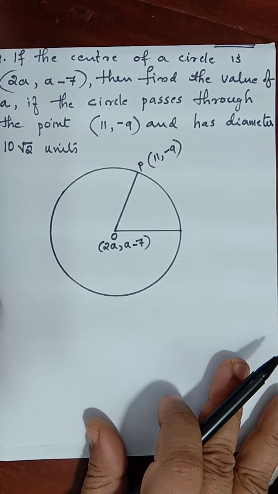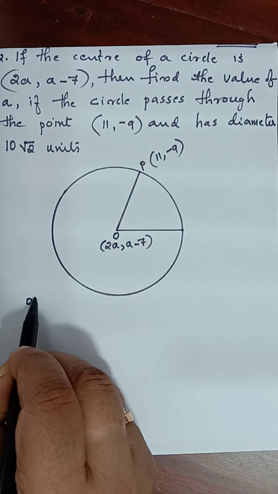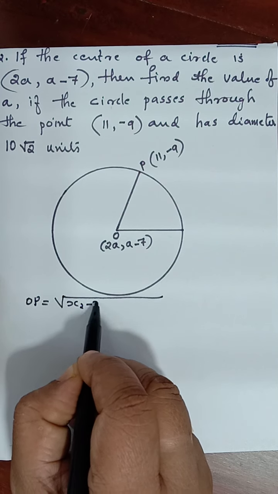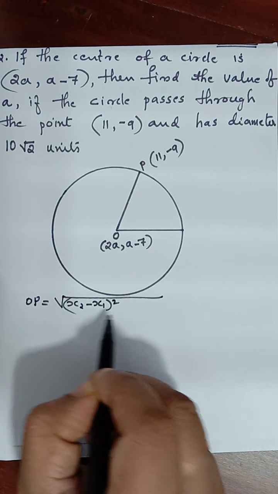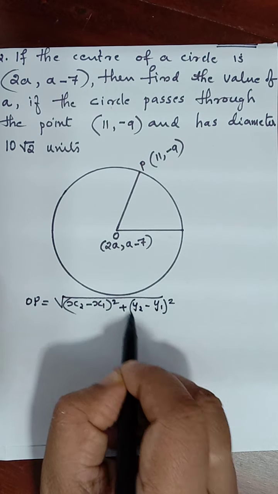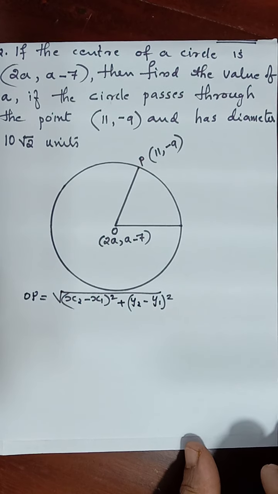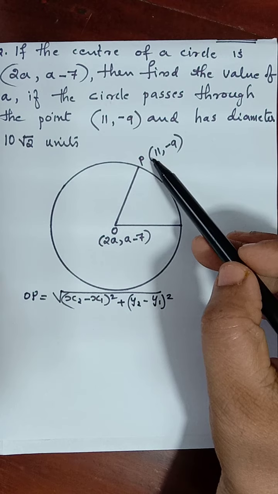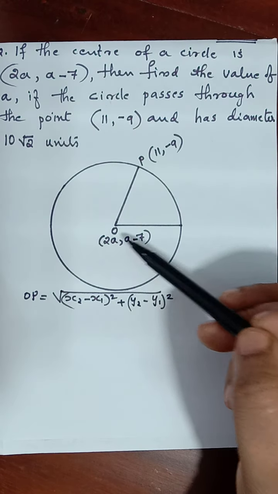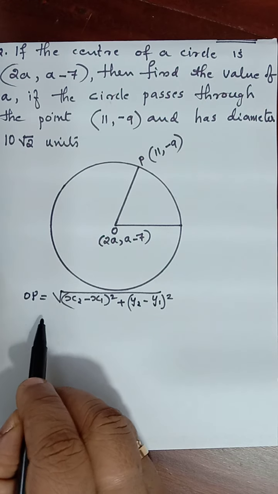So here we have OP is equal to square root of, we will write the formula first, (x2 minus x1) whole square plus (y2 minus y1) whole square. Okay, now we are substituting x1, y1, x2, y2. You can take x1, y1, x2, y2 as you like, no problem.